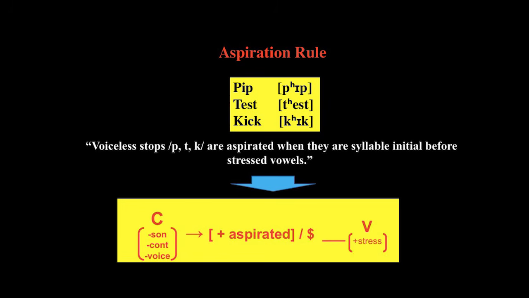Then followed by a vowel, V for vowel, then we specify under V the features for that specific vowel, since we are talking here about plus stressed vowels. So consonants that are minus sonorant, minus continuant, minus voice become plus aspirated in a syllable initial position followed by a stressed vowel.